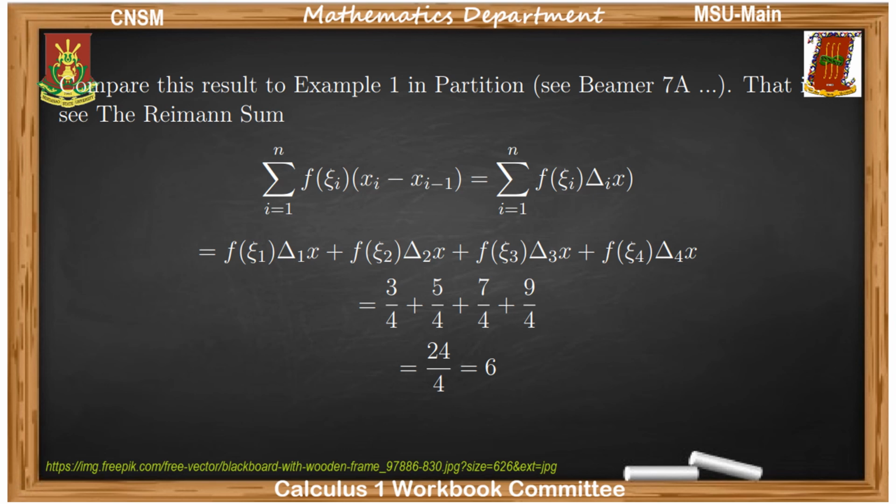So 3 over 4 plus 5 over 4 plus 7 over 4 plus 9 over 4 is equal to 24 over 4, and we simplify this to get the answer of 6.